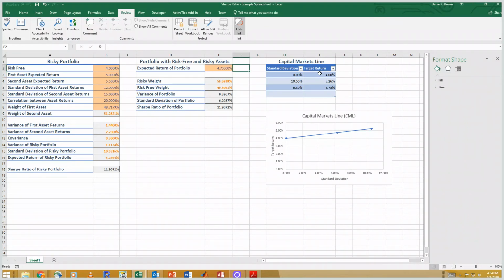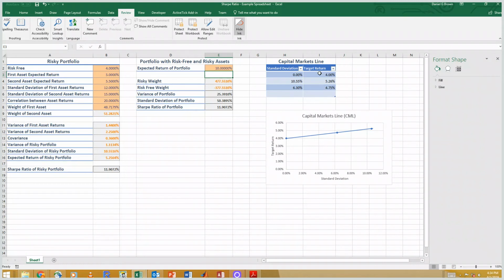Let me finally do one more. Let's say we wanted an expected return of 10%. An expected return of 10% is interesting because we have a risk-free asset of 4%, which returns us 4%, and a risky portfolio that returns us 5.25%. And the way we achieve a target return of 10% is that we borrow money.